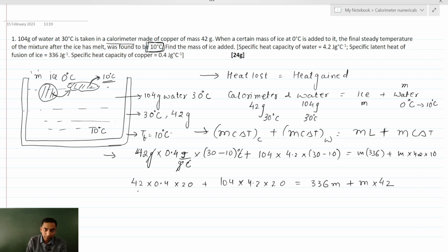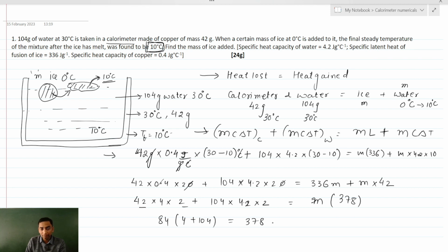So now from here this decimal and this cancels off, so 42 into 4 into 2 plus 104 into this decimal goes off with 4.2, so that is 42 into 2. That is equal to m stands common, so 336 plus 42 is equal to 378, right? So now 42 times 2, I am going to pull it out as common, so that is 84. Now from here 4 plus 104 is equal to 378 times m.